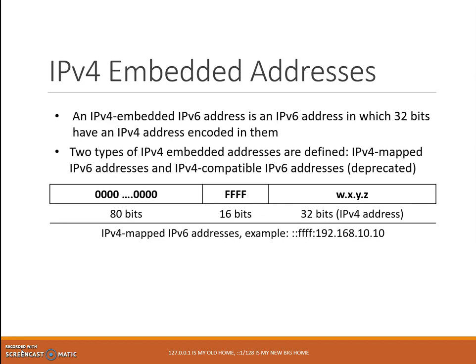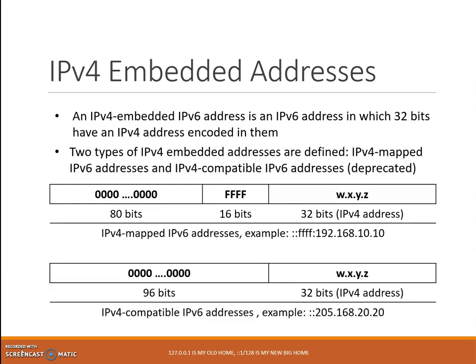The last 32 bits are the IPv4 address represented in dotted decimal notation, so the first 96 bits are represented in hexadecimal, and the last 32 bits contain the IPv4 address in dotted decimal notation.